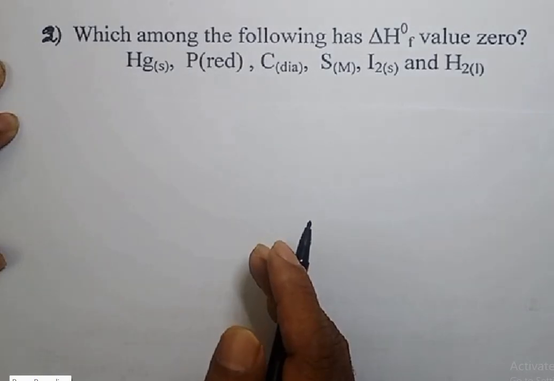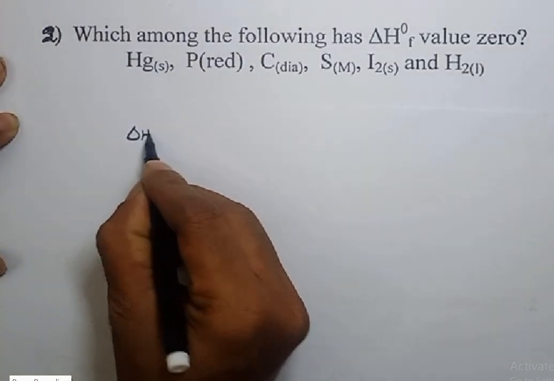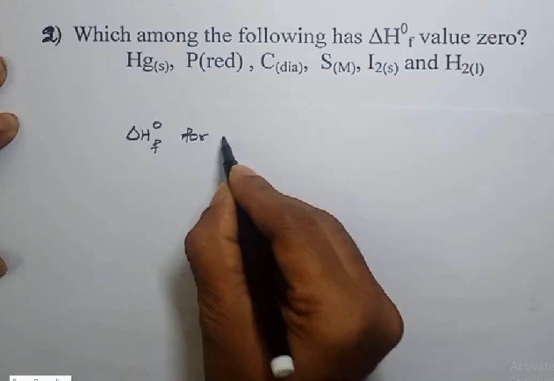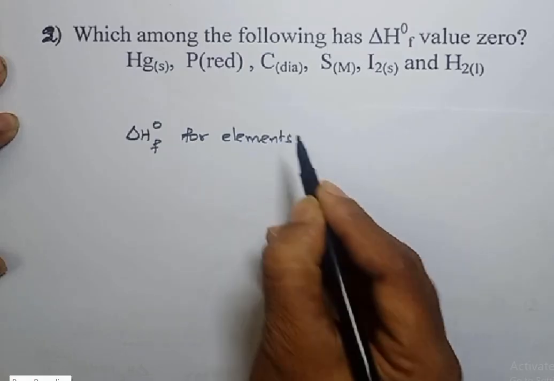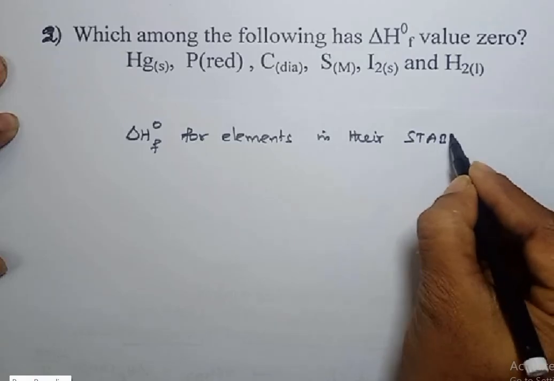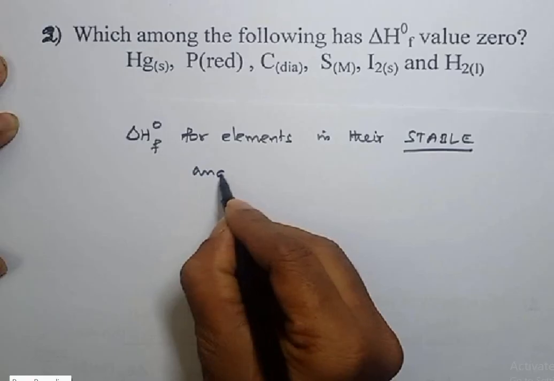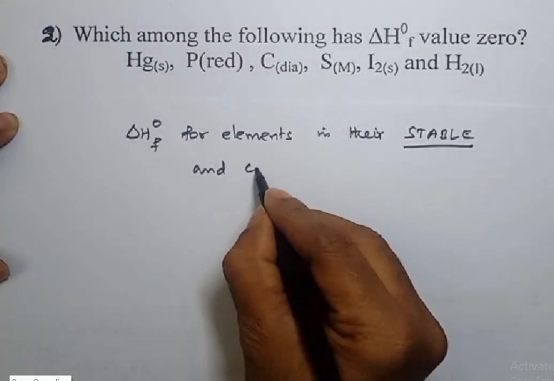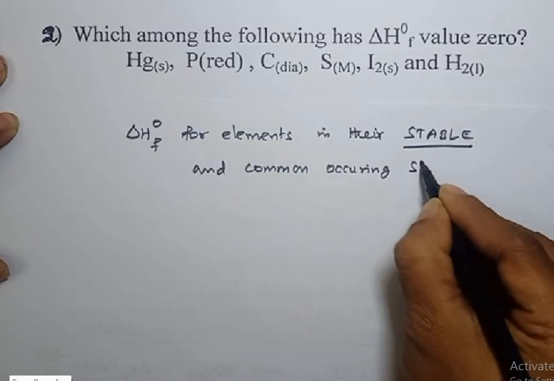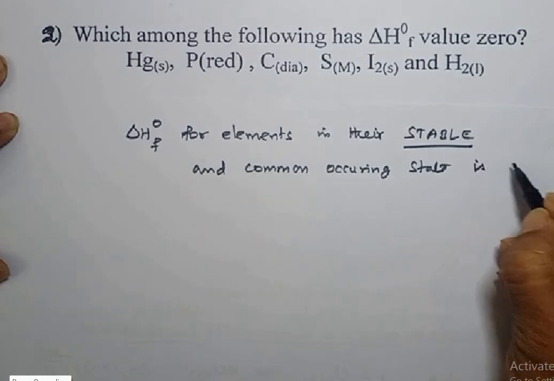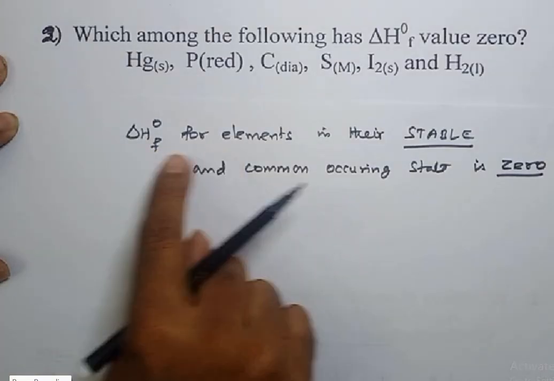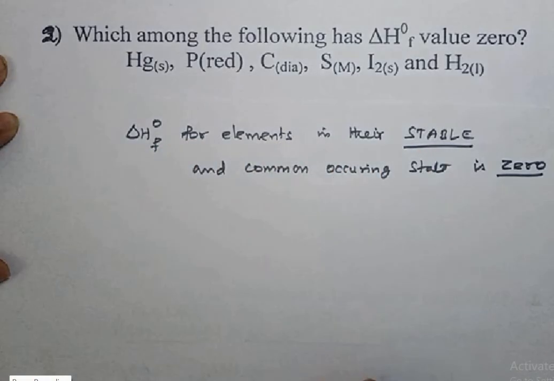We know very well, the standard enthalpy of formation for elements in their stable and common occurring state, or naturally existing state, is 0. Keep this in mind. Standard enthalpy of formation for elements in their stable and common occurring state is 0.